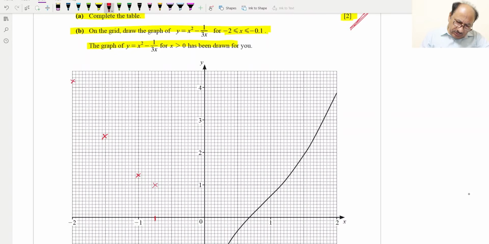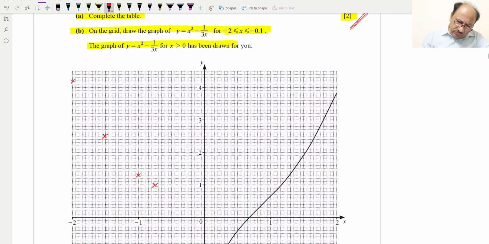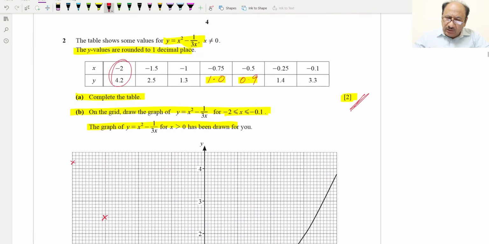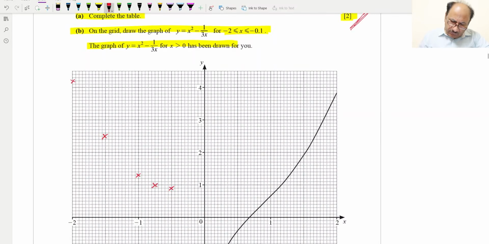So in this line 1 will be over here. So this is the reference. Then minus 0.5 and 0.9. So this will be 0.9, and minus 0.25 and 1.4. 1.4 in this line will be 1, 2, 3, and 4, this point.